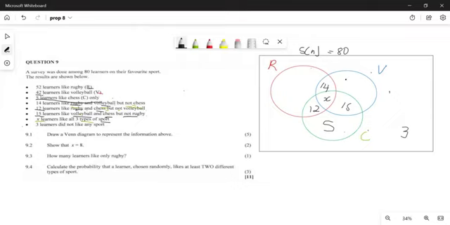Now, if I want to get volleyball only, I am going to say it's 42 minus the people that I've already counted, minus the 15 that I've already counted, minus the X. So 42 is everything which is blue. Inside the blue, you've already counted 14. You see this 14 is inside the blue.